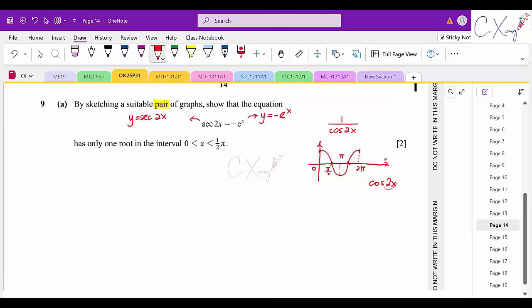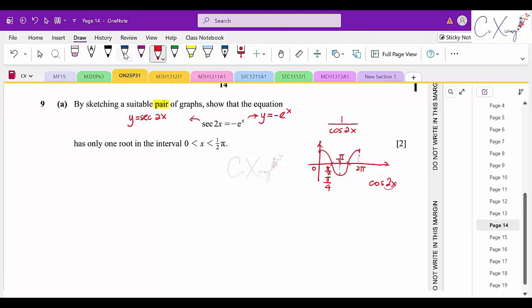So when I multiply by half, 0 remains as 0, and pi over 2 becomes pi over 4. Then for the pi here, if I multiply by half, I'll have pi over 2.